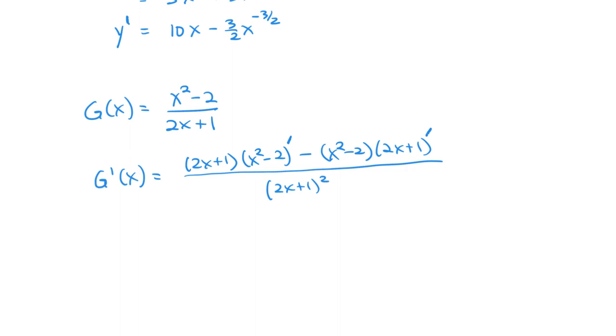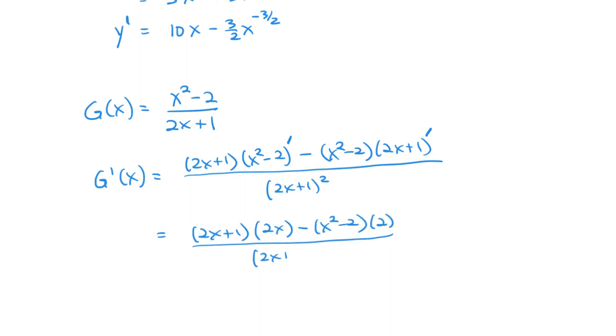Now we just have to try it out. So I have to take the derivative of this and this. And so that would give us, let's see, (2x plus 1) times 2x minus (x squared minus 2) times 2, all over (2x plus 1) squared.